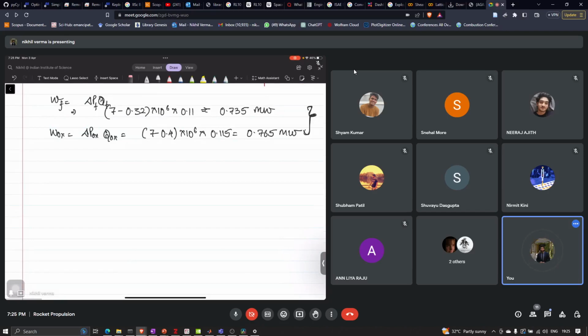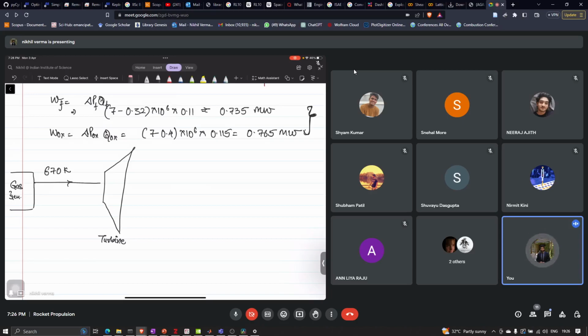So we have a turbine. So we have the gases that are generated. This is the gas generator, so it produces gases of 670 Kelvin.